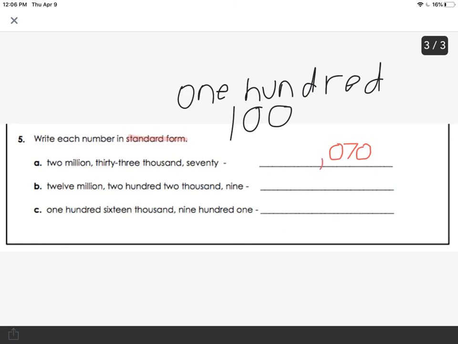So I'll leave it up to you to fill in the rest of these numbers, but think back to the beginning of the year. Think about our place value charts.